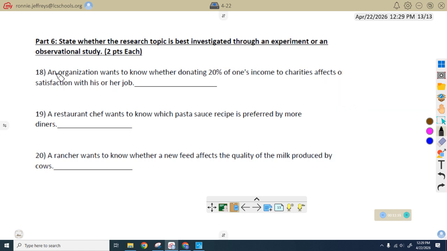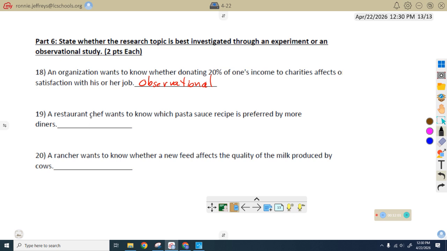Organization wants to know about, okay. So if it's satisfaction with, this would be observational. A restaurant chef wants to know which pasta sauce is preferred.